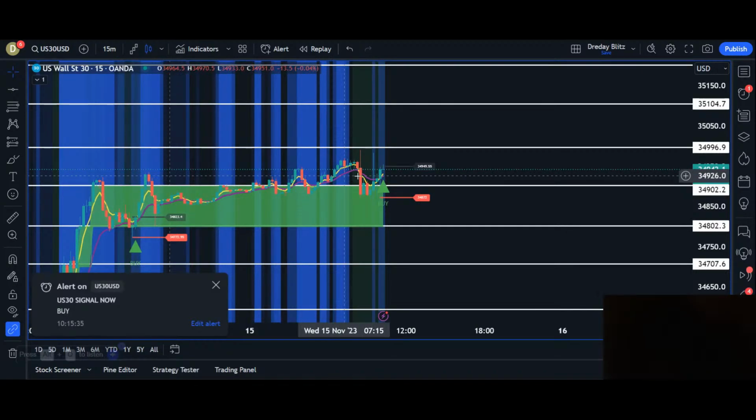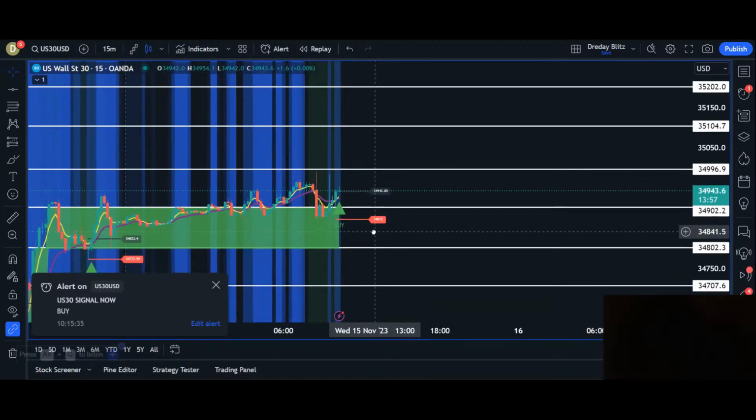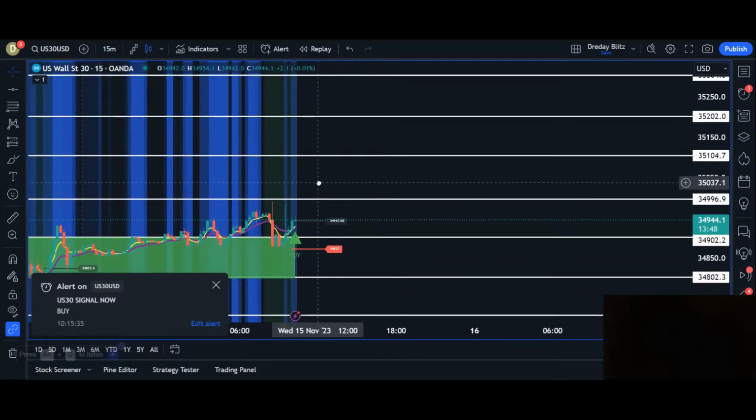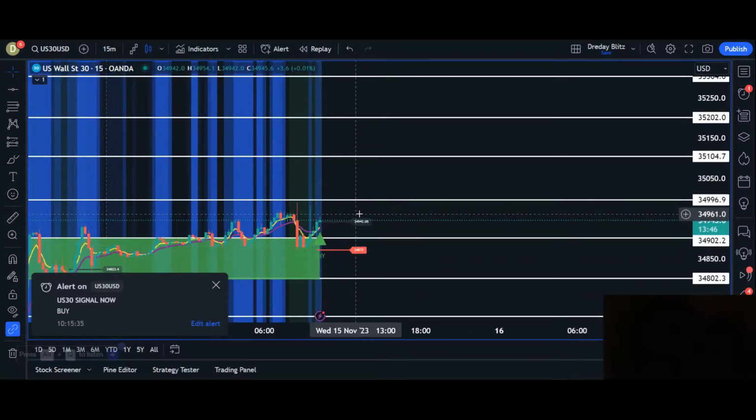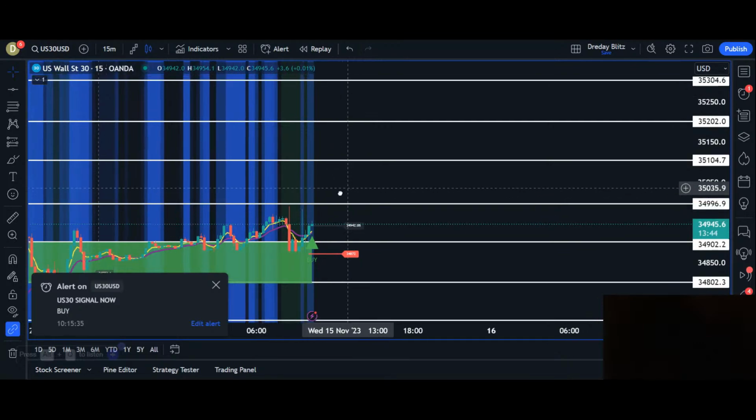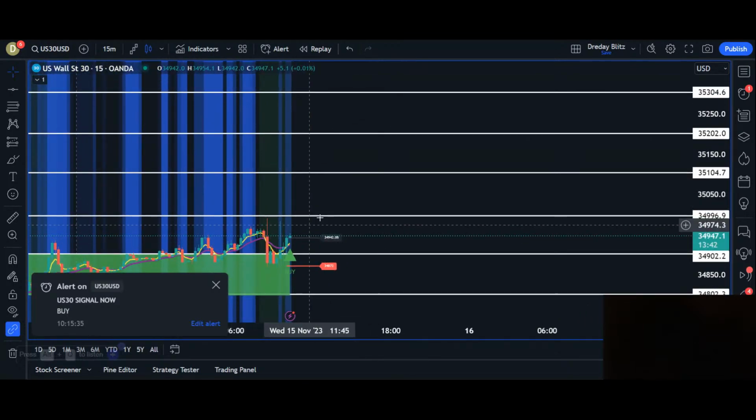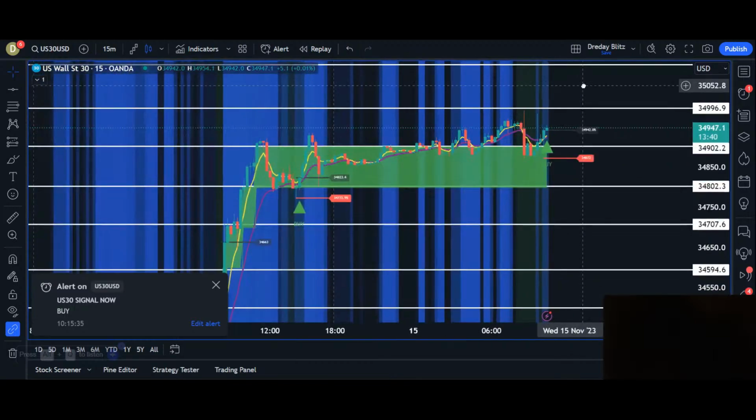There you go. So it is confirmed, it's a buy. So looking for an uptrend. Like I said, the next point of interest is right here. So you could scalp for a buy up to here, or you could continue the trend going up.